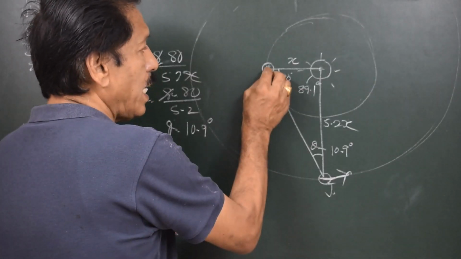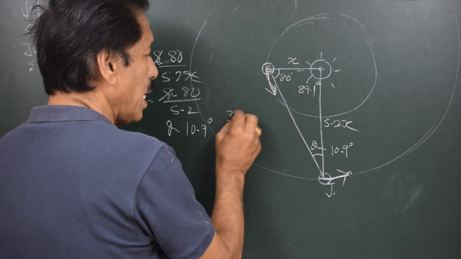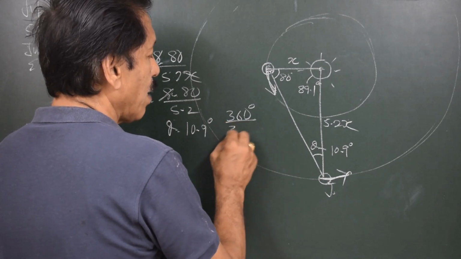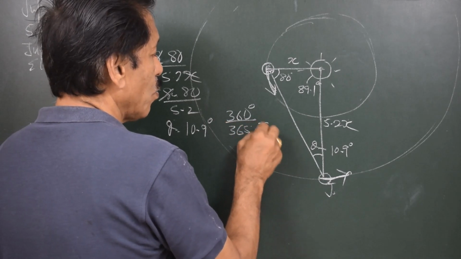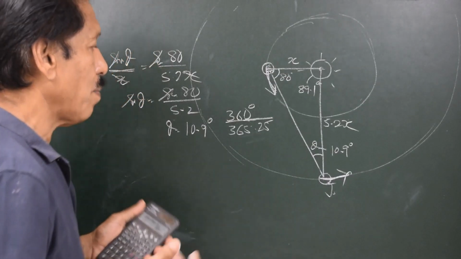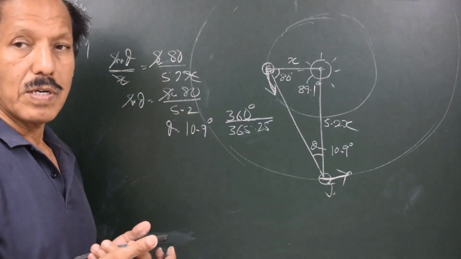Now the rate of movement of Earth can be found out. Earth moves 360 degrees in 365.25 days. And what is the interval of Jupiter?